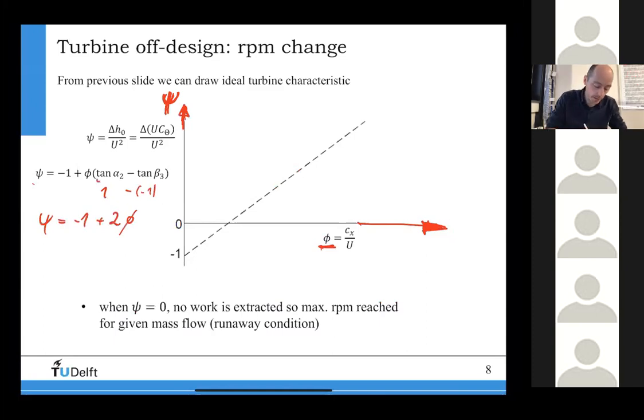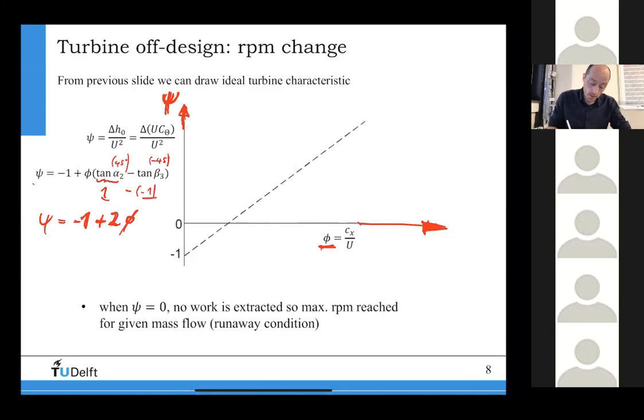Because if alpha is 45 degrees, and this one is minus 45 degrees, then the tangent of 45 is 1, this is minus 1, minus minus 1 is plus 2, and so I get an equation for the loading factor in an ideal setting, which is now a linear function of my flow coefficient: minus 1 plus 2 phi.